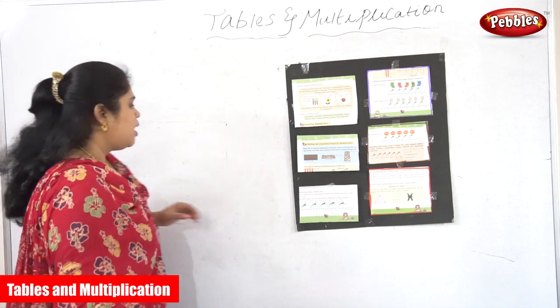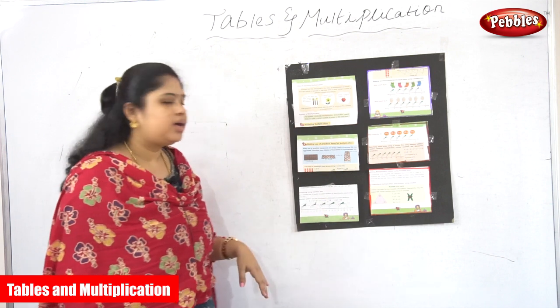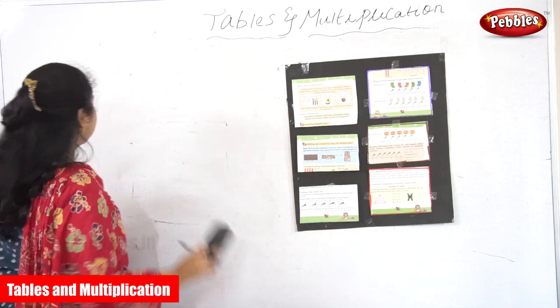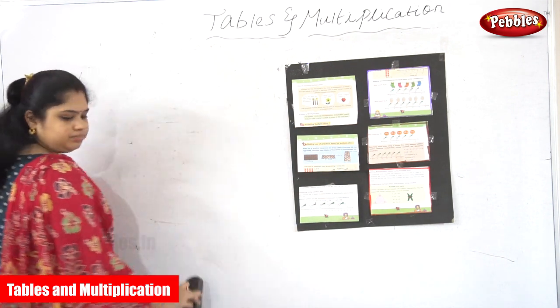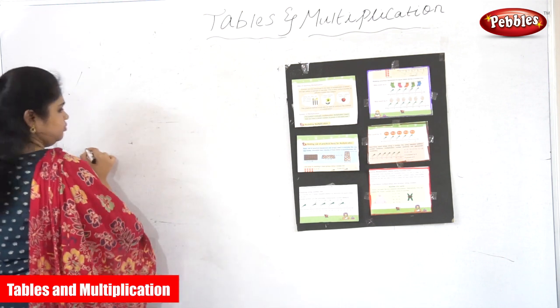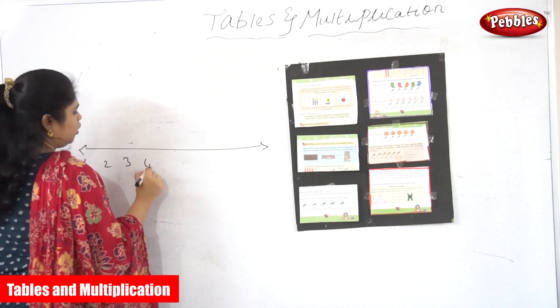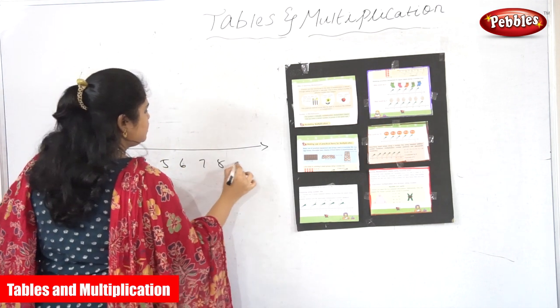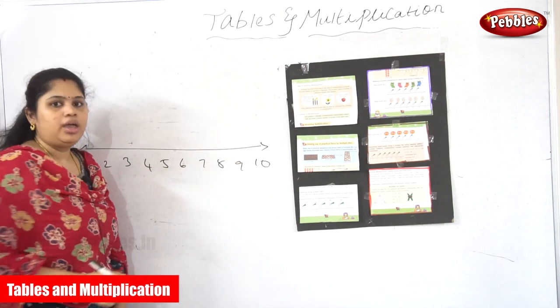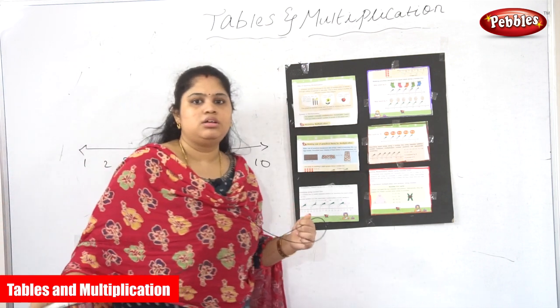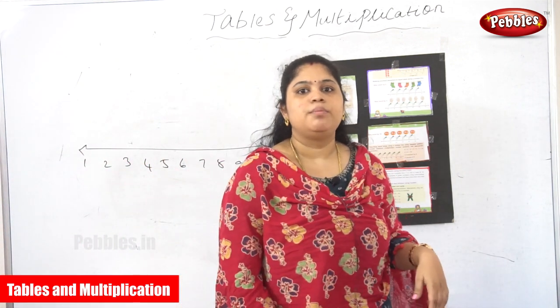Next, multiplying using number lines. See here how number lines work. You can also learn this type of strip addition. You may learn this method. This is called the strip method, isn't it?